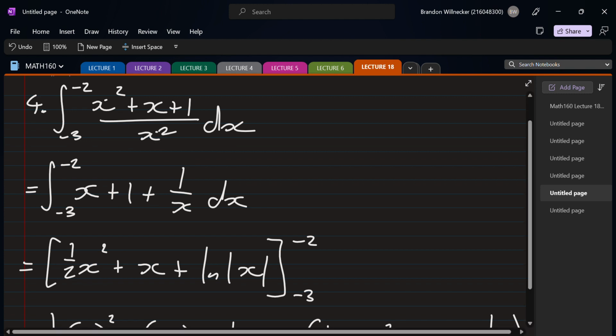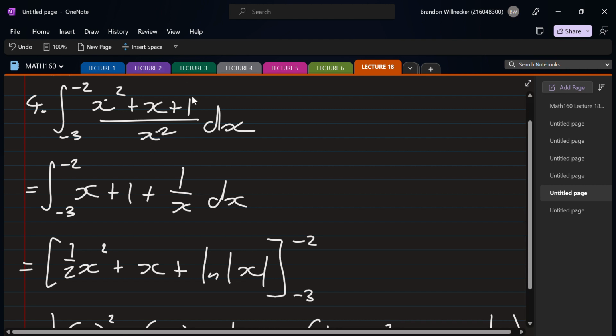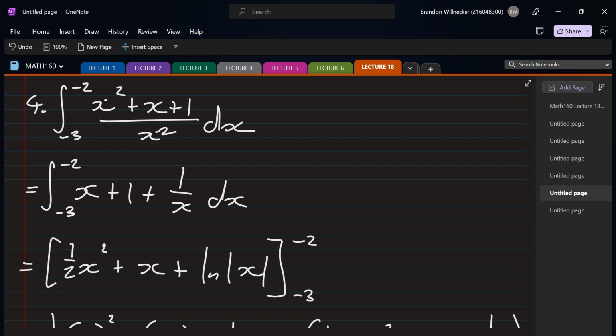If it was x squared here, you continue as we did here. So x squared over x, that would be 1. x over x squared, that would be 1 over x. And then 1 over x squared, we can write that as x to the minus 2. Okay, so it doesn't matter what power it is, you always divide term by term.